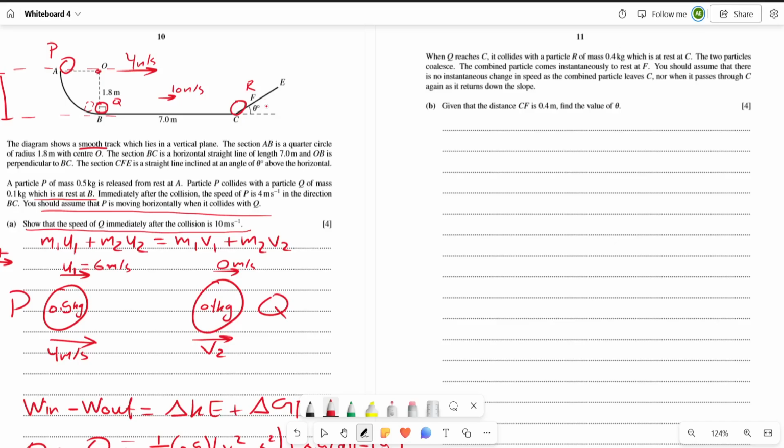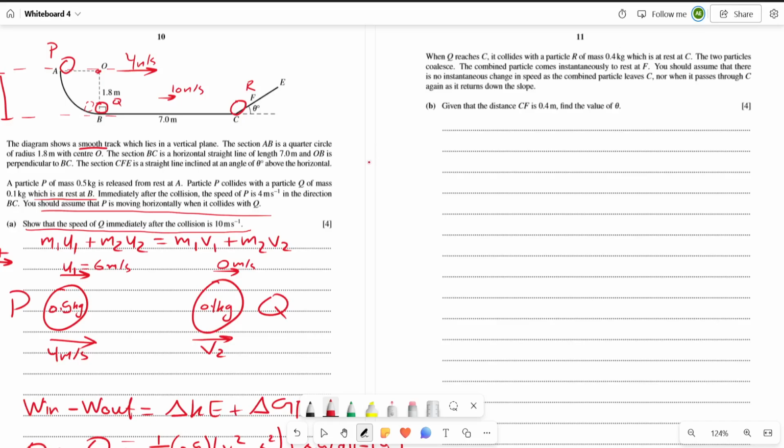When it's returning down, it's going to be returning with some speed, and then it's going to move horizontally. In real life situations, this would cause some change in speed because there is some impact. However, in our model here, we're going to assume that this speed is V and this speed is V as well. Now, given that the distance CF is 0.4, find the value of theta.